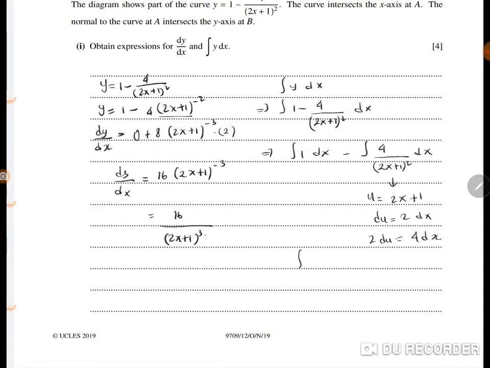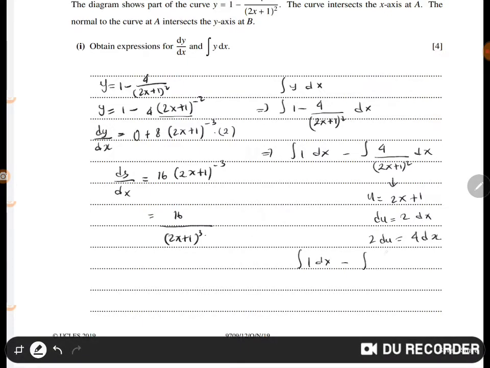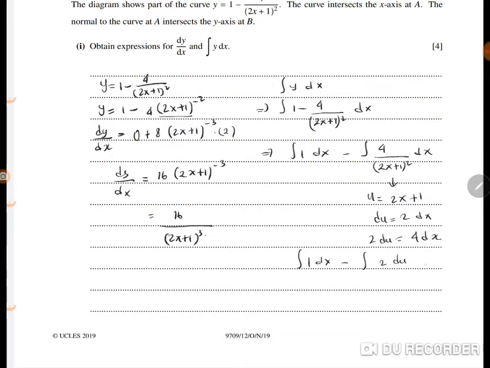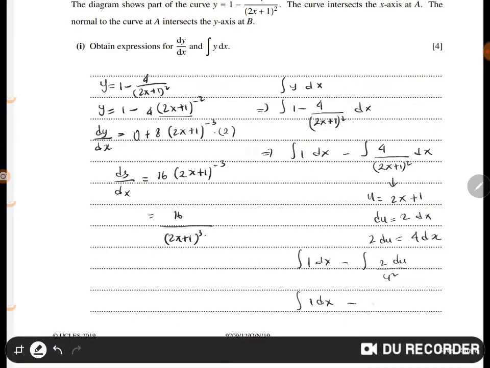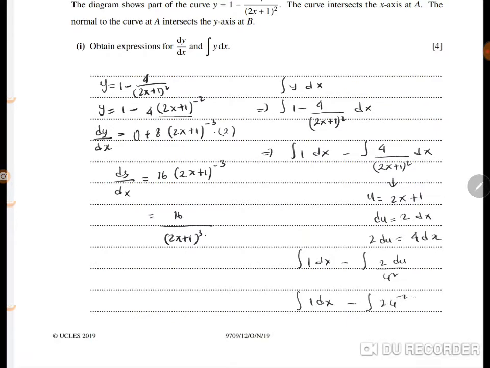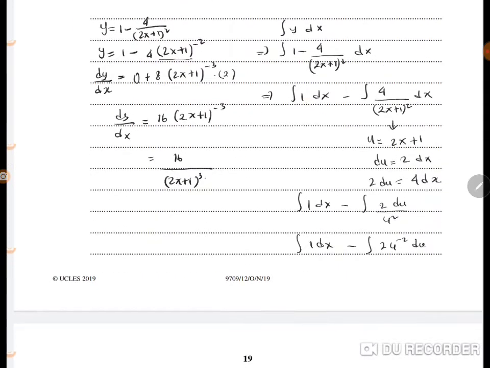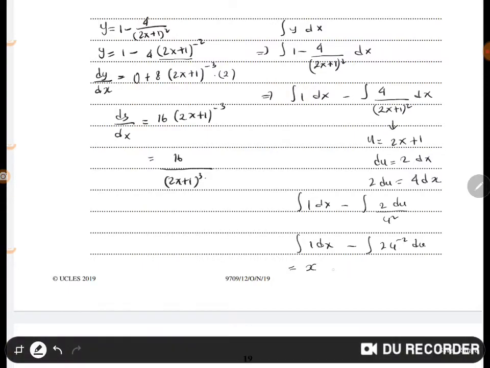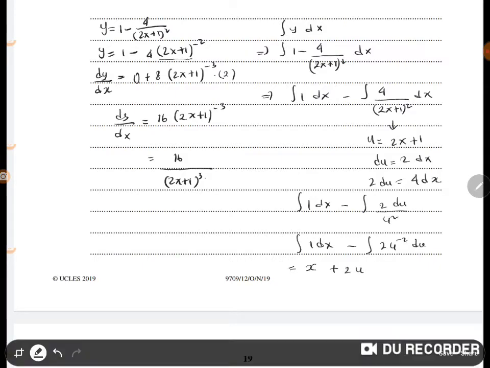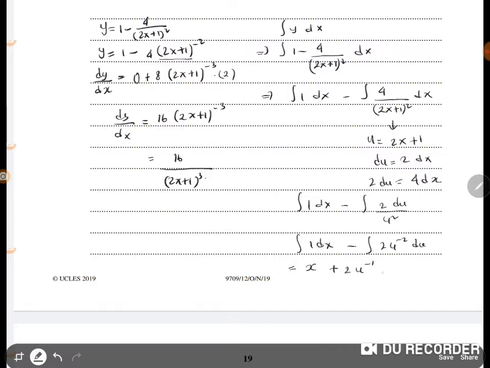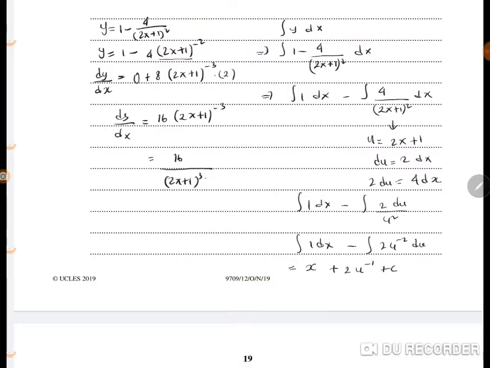Then you can write the integral of 1 dx minus the integral of 4 dx, which is 2 du over u squared. So that is the integral of 1 dx minus the integral of 2u to the power of negative 2 du. This gives x, and the minus becomes positive: plus 2u to the power of negative 1, plus c.